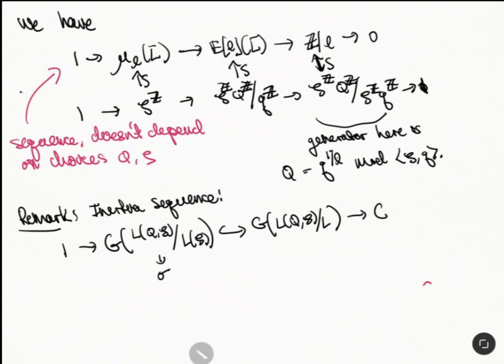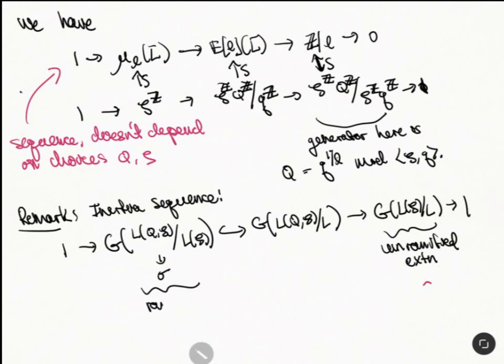And this goes to G of K(zeta) over K, and this goes to 1. So this is the unramified part, the unramified extension, and this part here is the ramified part. This corresponds to ramification, and this is the extension of the unramified part.